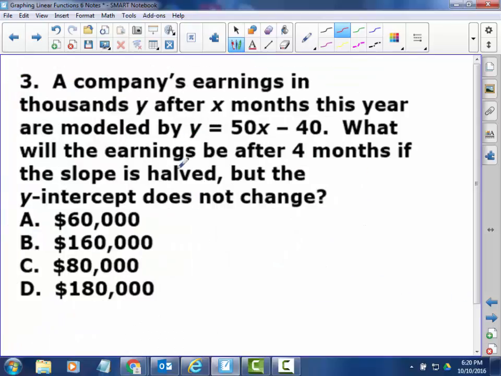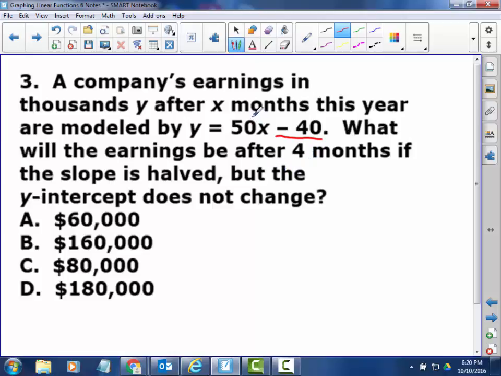A company's earnings in thousands, Y, after X months this year are modeled by Y equals 50X minus 40. What will the earnings be after 4 months if the slope is halved but the Y-intercept does not change? Okay, so the Y-intercept does not change, so that minus 40 is staying put.